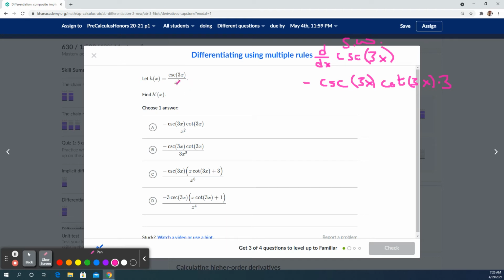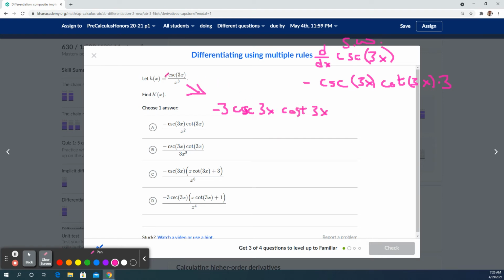All right, and we've got the bottom here to deal with, so that would be the quotient rule. This would be the derivative of the top, which is this. I'll move the 3 out in front: negative 3 cosecant 3x cotangent 3x.